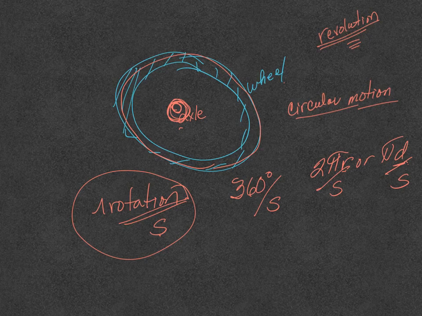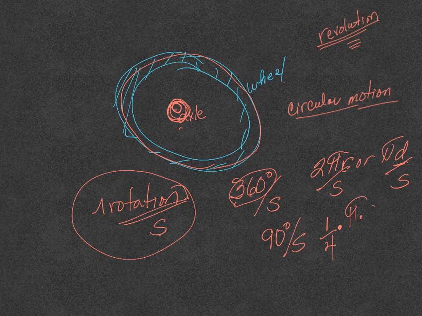So let's say the wheel is moving only 90 degrees per second, so only a quarter of the circumference was covered. To find the linear distance, I multiply pi by the diameter of the wheel and then divide that by 4, because that was only the linear distance covered in that given time.